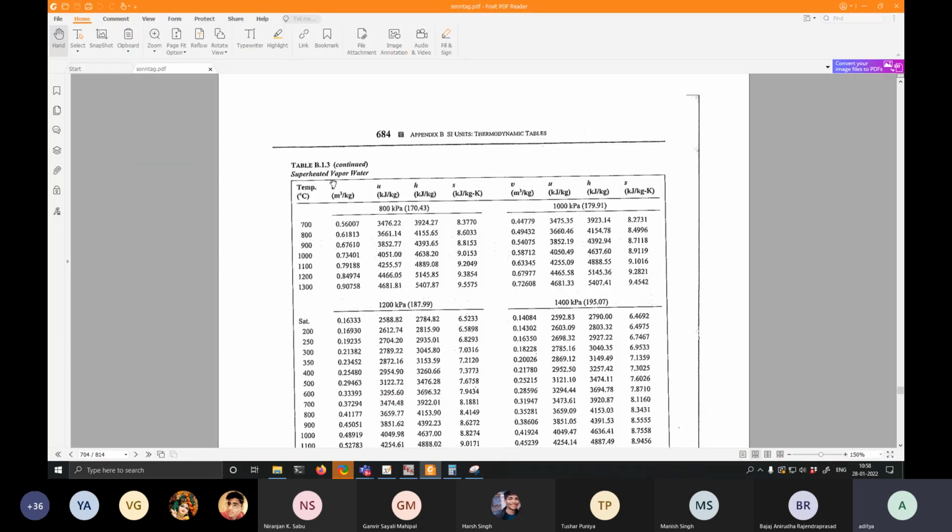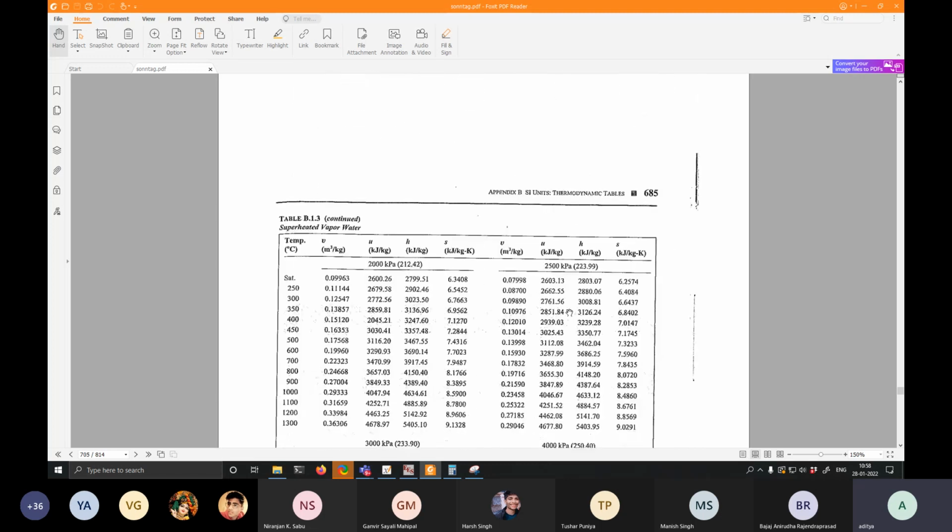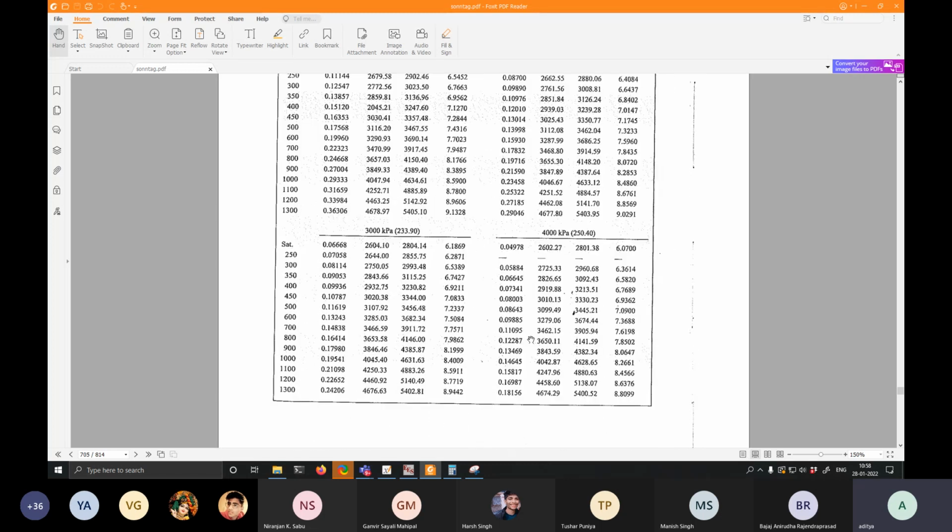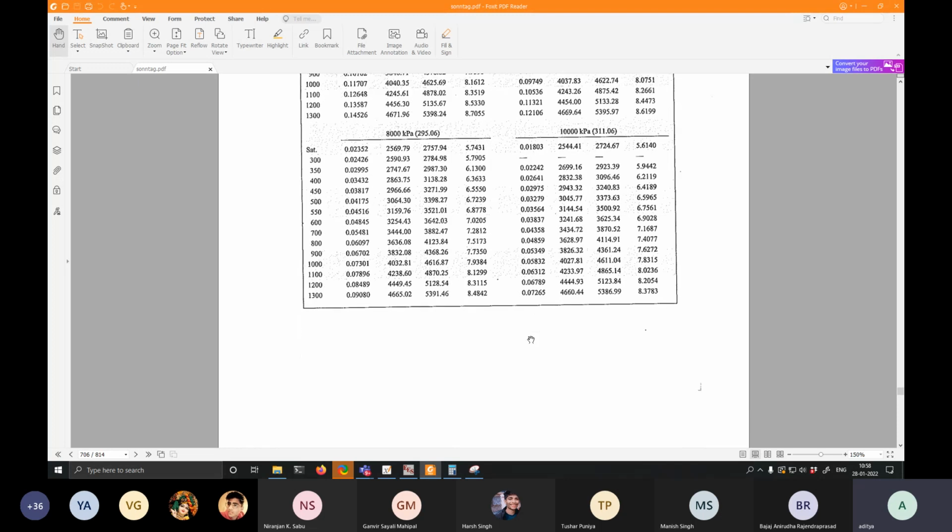So we're looking at superheated water vapor. We will look at the brackets. This bracket says 170. These are the temperatures, so we will definitely have to go beyond 300. At 10,000 kilopascal, we have the first entry of 311.